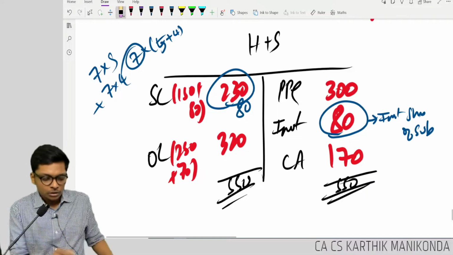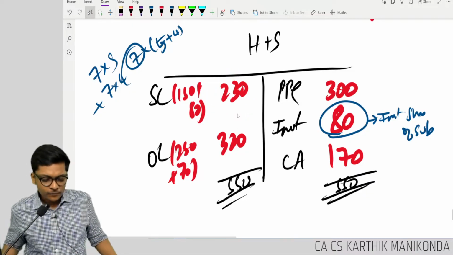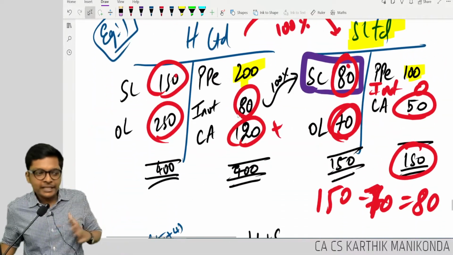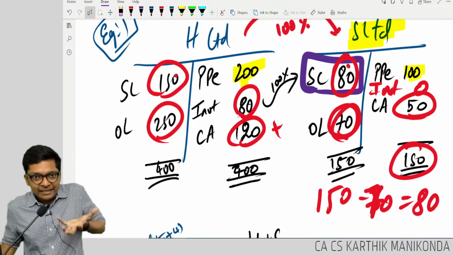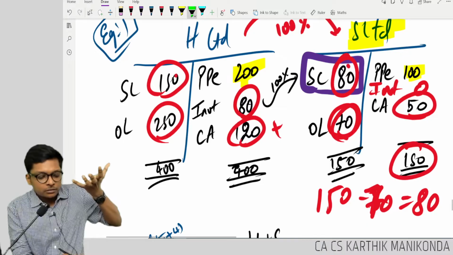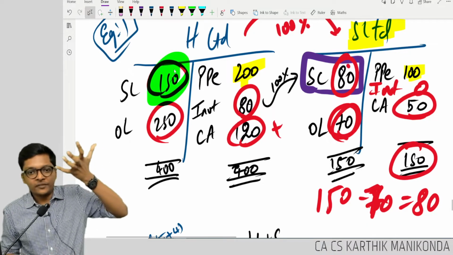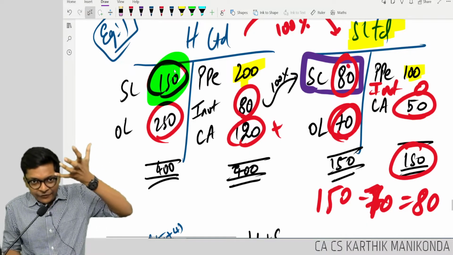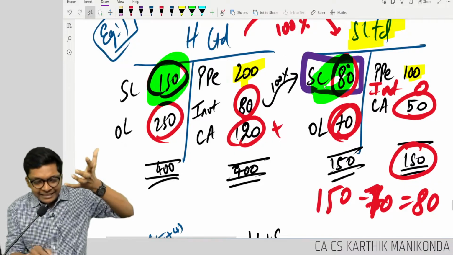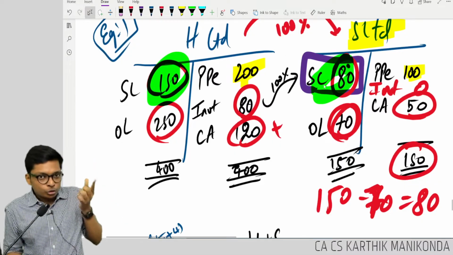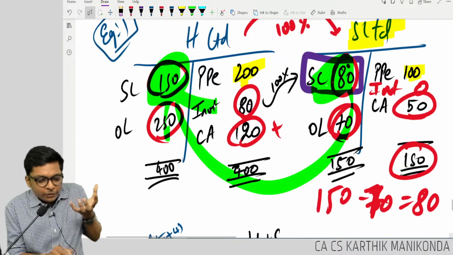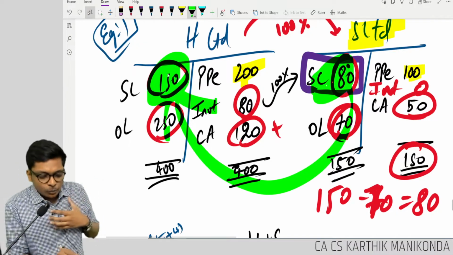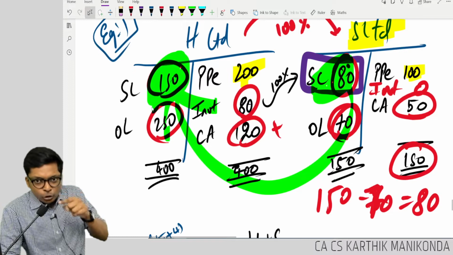Yes or no? See here, effectively, what is the capital available for the holding? 150. With the 150 only, this 80 was born, correct? So, can I say 150 is inclusive of 80?